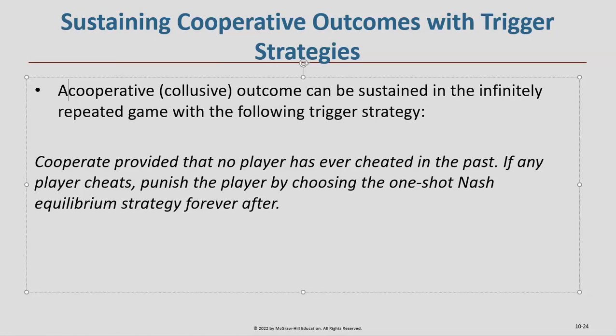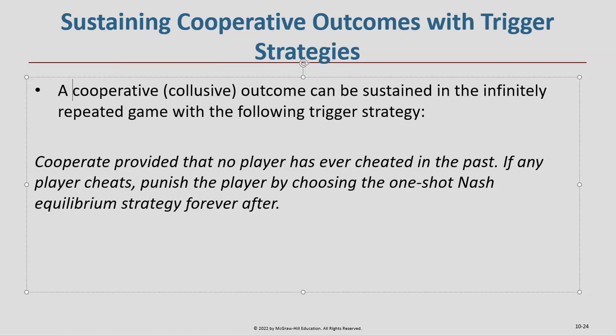Okay, in the previous lecture, we worked through a scenario where in an infinitely repeated game, a cooperative, or in other words, a collusive outcome can be sustained with the following trigger strategy.